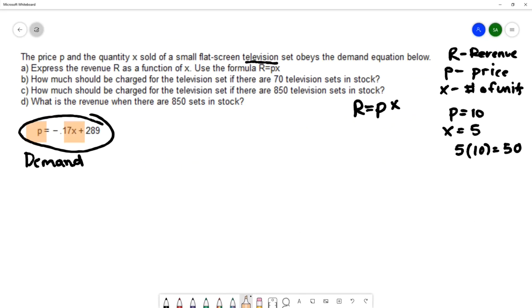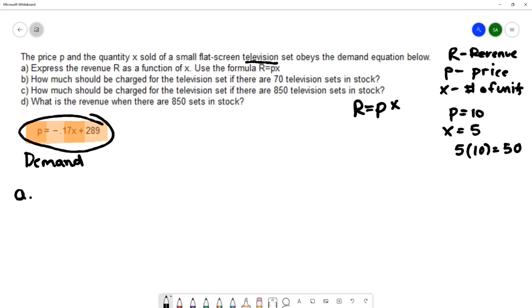So the demand, how many you sell, and the price are related to each other. And someone has come up with this demand equation for television sets related to the price. So we're going to use this demand equation when we're doing part A.